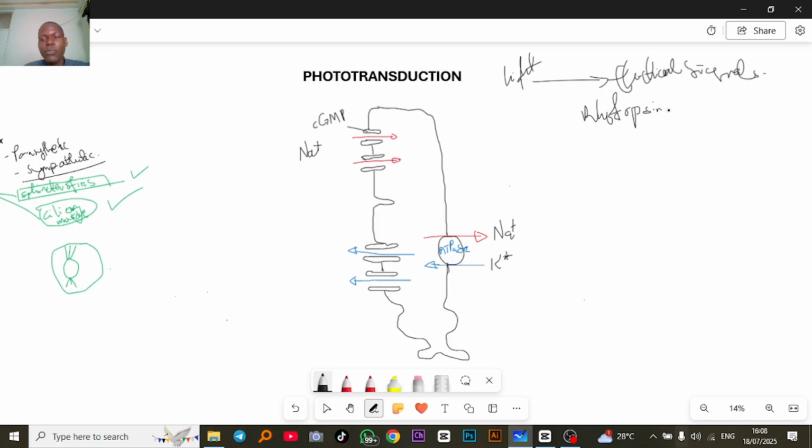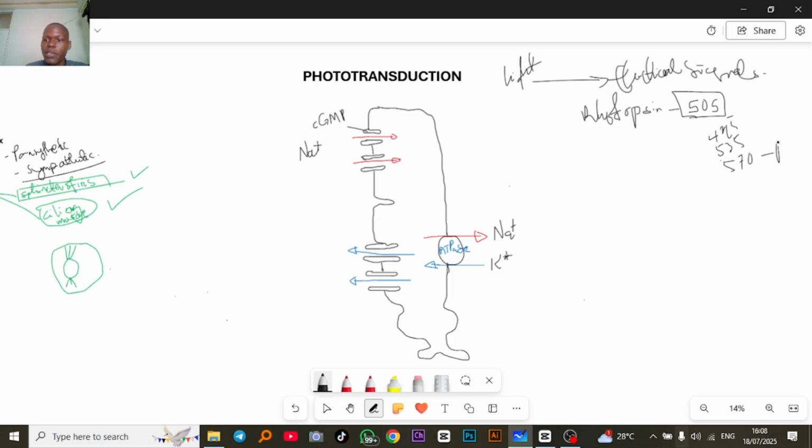Rhodopsin absorbs light at a wavelength of approximately 505, whereas cones have peaks at around 445, 535, and 570.